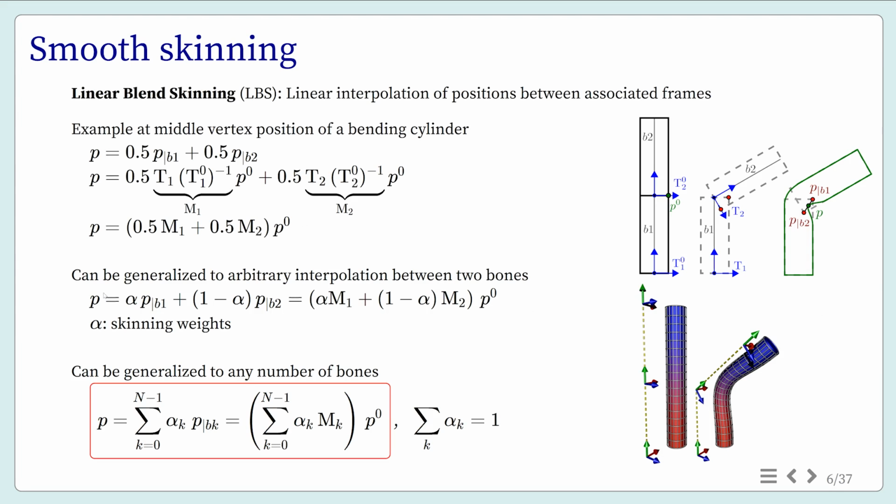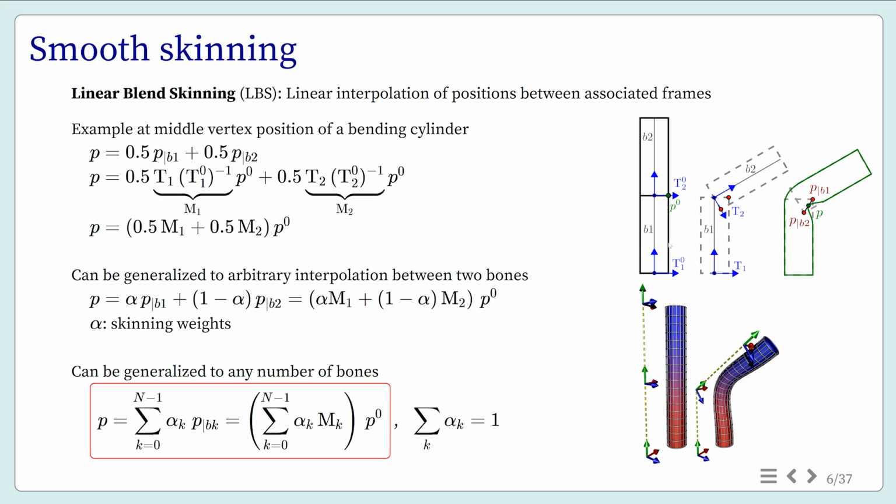So this formulation can be generalized to arbitrary interpolation between two bones with different types of weights. Of course, if you are not in the middle between the two segments, but more at the top of the cylinder, we may have a greater weight with respect to the bone B2.